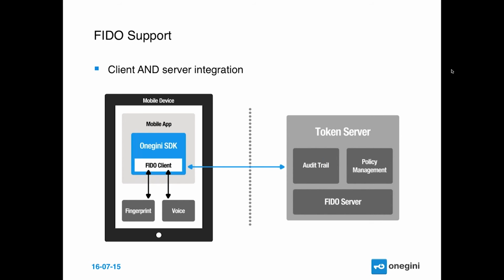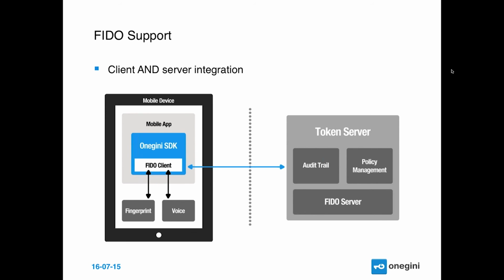FIDO has a number of components, the FIDO standard, and the FIDO client and FIDO server are really important there. In order to leverage FIDO, you need to have a FIDO client implementation, either inside your app or in your web application. And on the server side, you need a FIDO server, which registers the authenticators and can check whether this authentication is legit and authentic. So those are important things.